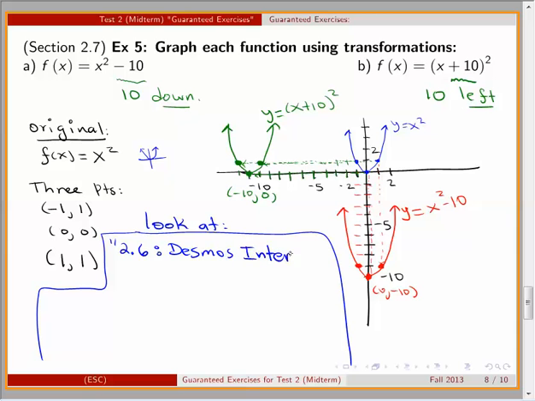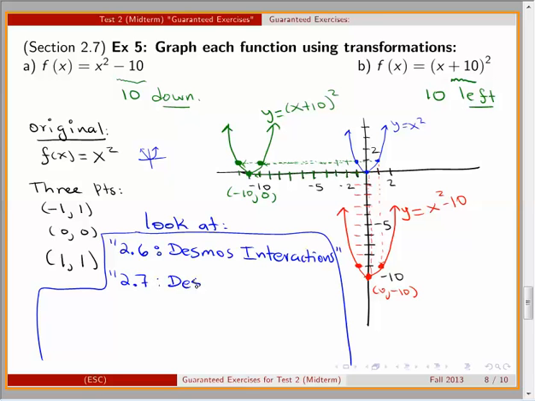Okay, so this 2.6 has 6 functions that will be used in this class a lot, and you want to know their shape, and you also want to know some of the essential points for these functions.